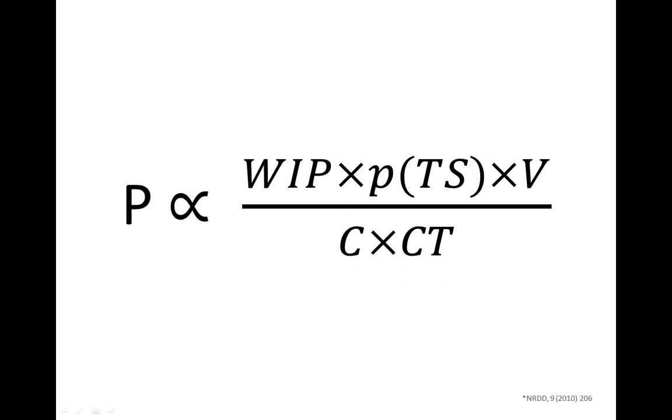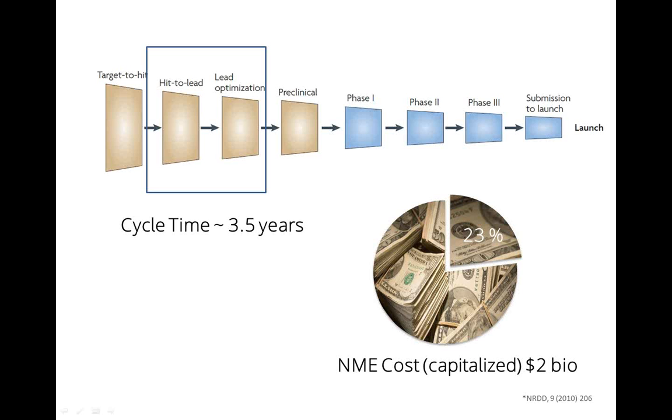All right, so this is the pipeline for a regular pharmaceutical company. We start with the target to hit. Everyone knows that. We go through all the different stages here, and then finally, if we are lucky enough, we launch a ready-to-launch product. As we see here, cycle time and costs are substantial.